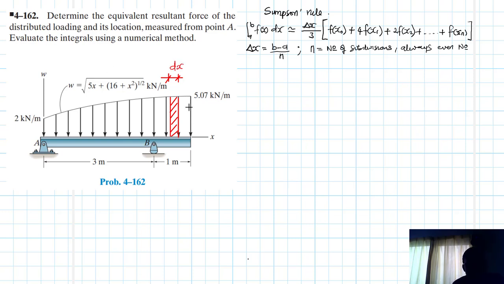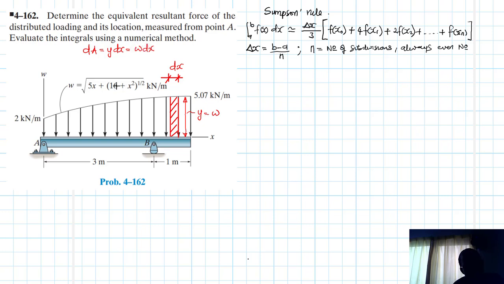Now let's define our small areas. This height here is equal to y, which is equal to w. Therefore, our small area is just going to be equal to y, the height of this small strip or small rectangle, times dx, which is just w dx.